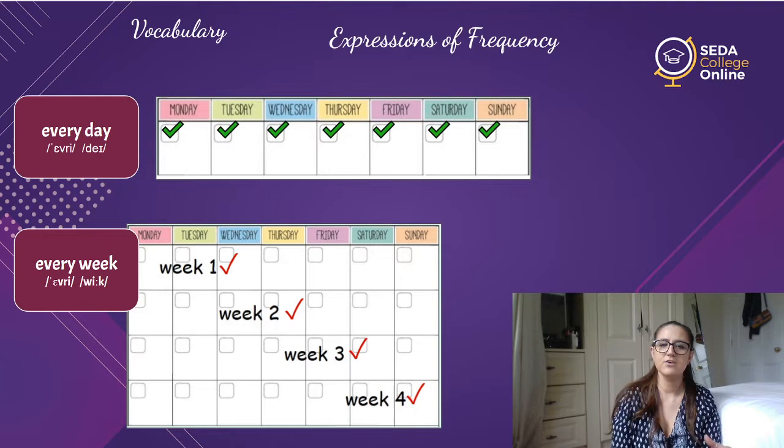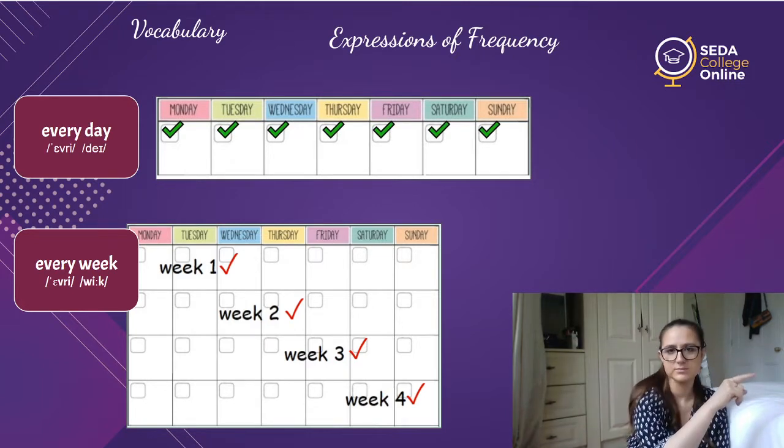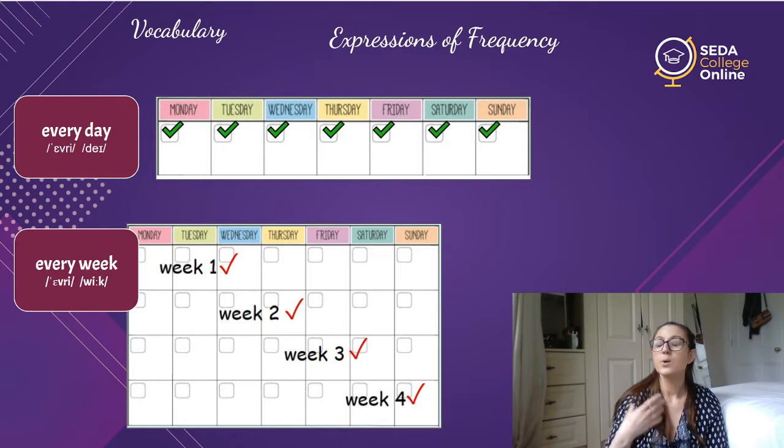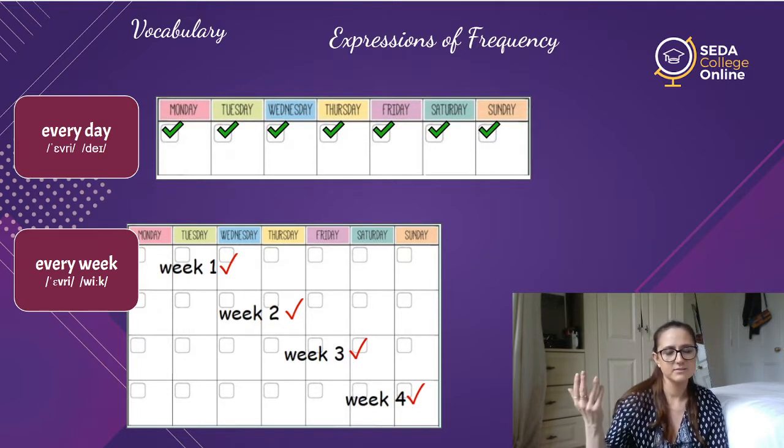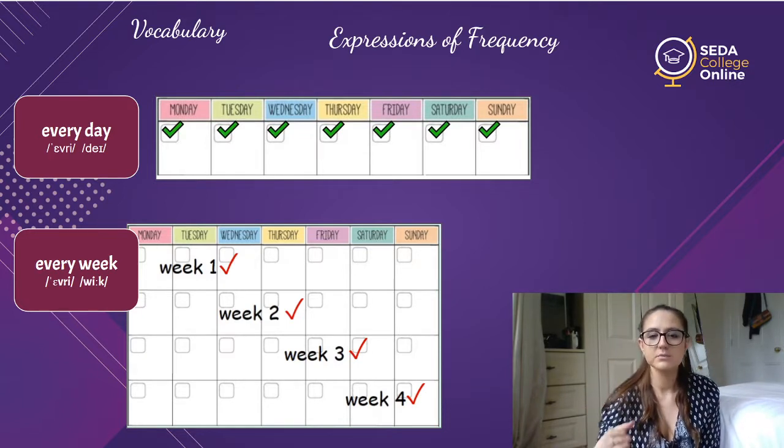All right. So I have here the days of the week, and we have every day checked. So I do something every day, or I do every week. So every week I have classes with Gabby Keller. That's teacher Gabby. So every day, every week. So I do something week by week.